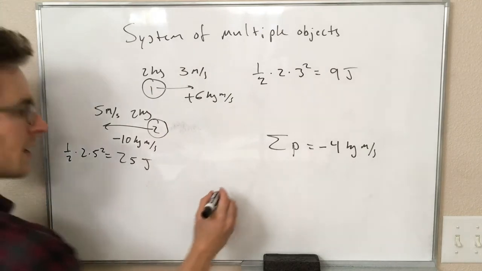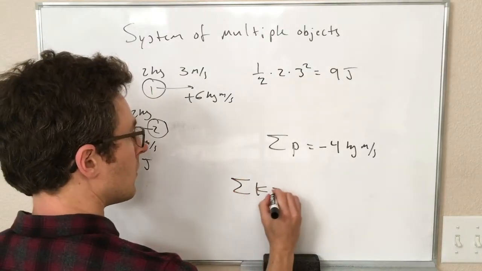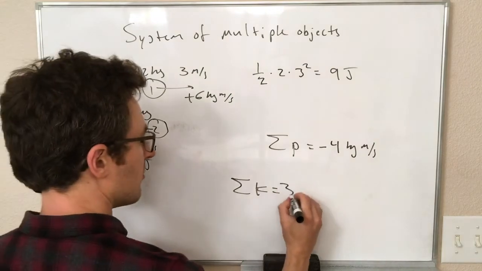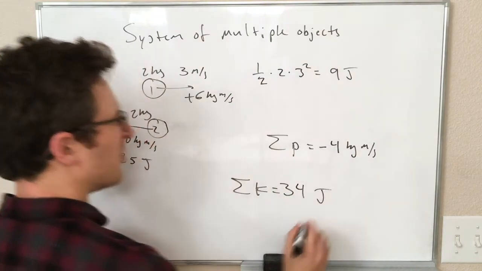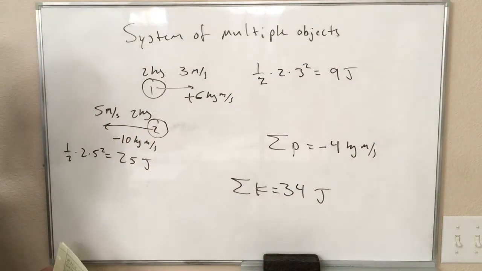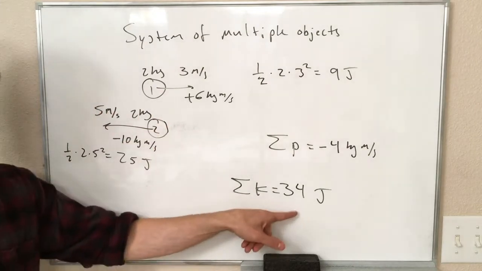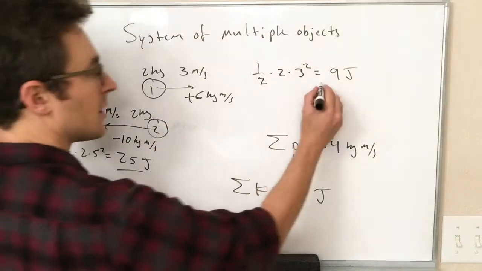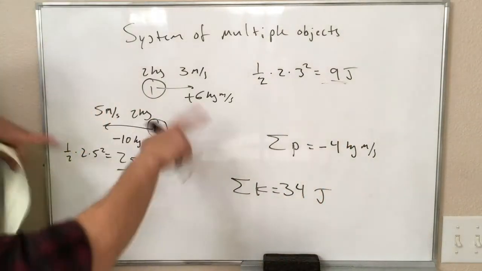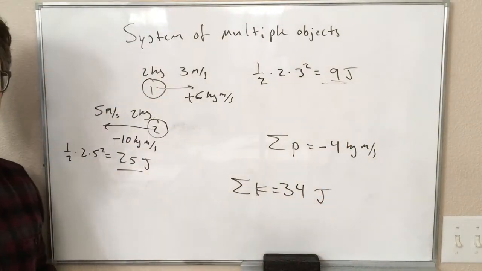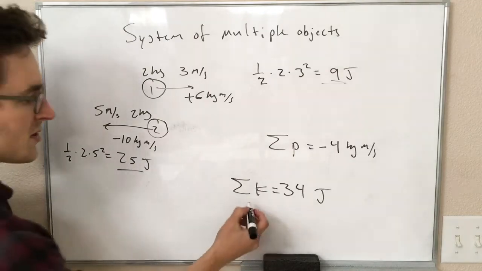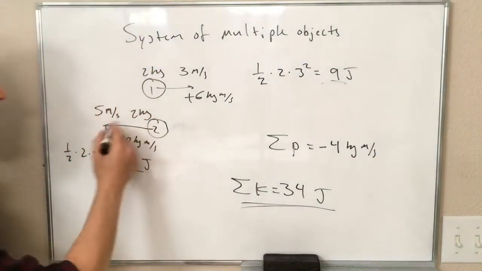So the total kinetic energy is equal to 9 plus 25, which is 34 joules, right? And when we change the direction of ball number 2, this does not change. Both of our kinetic energies stay positive no matter what direction these velocity vectors are pointing. So this number stays the same even when we change this direction.